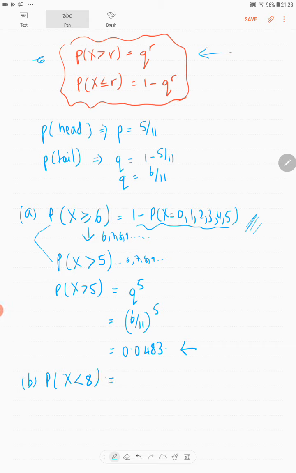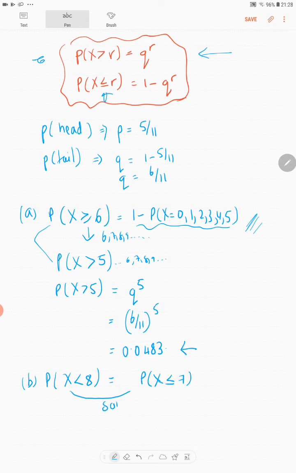If you want to use this result, we will have to transform it into less or equal to. Here we have strictly less. So its equivalent form is probability X less or equal to 7.